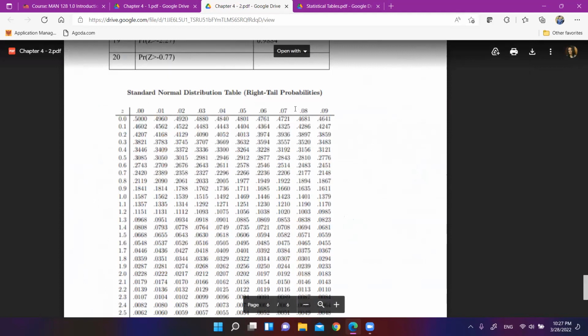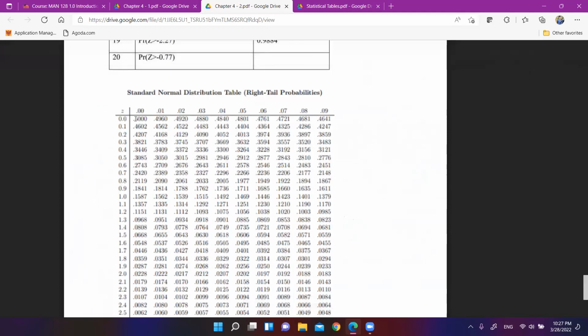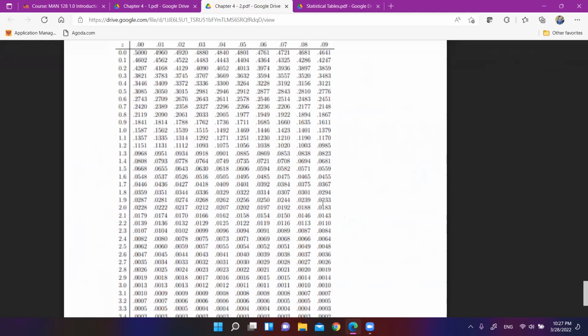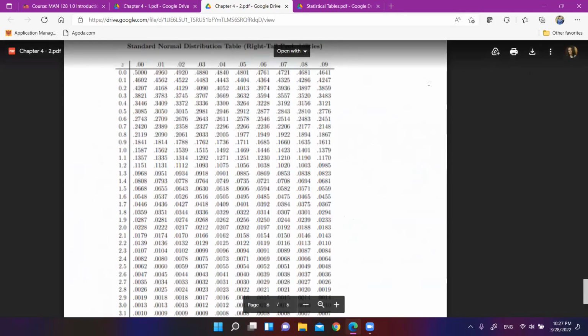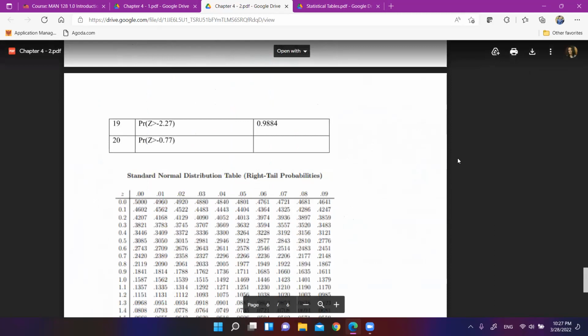හොඳට බලන්න, right tail probability starting off from 0.5 and this is the maximum one. මේ ඔක්කොම ඊට වඩා අඩු ඒවා, 0 වලට කිට්ටුයි. මේ lecture note එකේ දීලා තියෙන්නේ right tail probabilities.